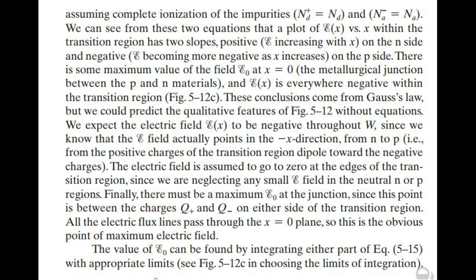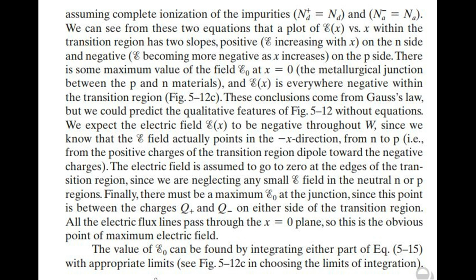These conclusions come from Gauss's law, but we could predict the qualitative features of Fig 5.12 without equations. We expect the electric field, ℰ(x), to be negative throughout W, since we know that the field actually points in the negative x direction, from N to P, i.e., from the positive charges of the transition region dipole toward the negative charges.